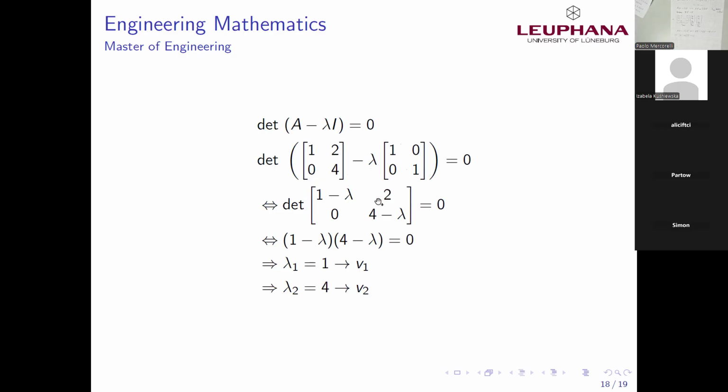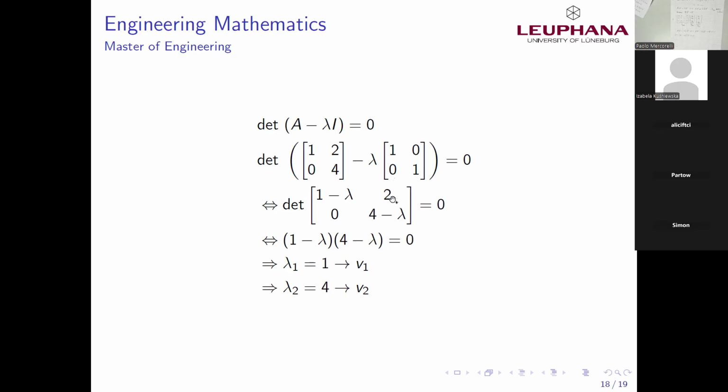From this expression to this expression is easy. 1 minus lambda, 2 minus 0. I think we don't need to explain this. Here I have to multiply lambda by the matrix. This means I have to multiply lambda everywhere. Do you remember, the scalar which multiplies the matrix multiplies each column or each row of the matrix.